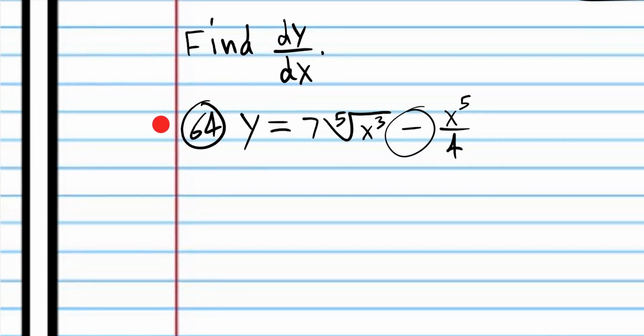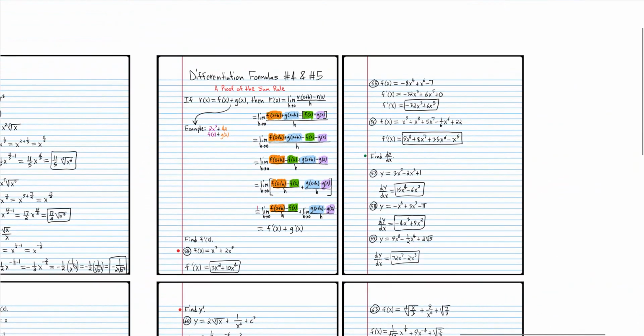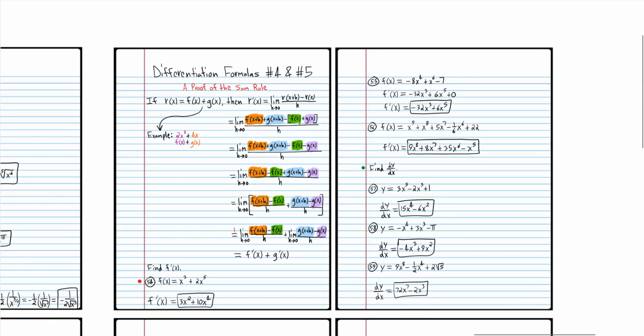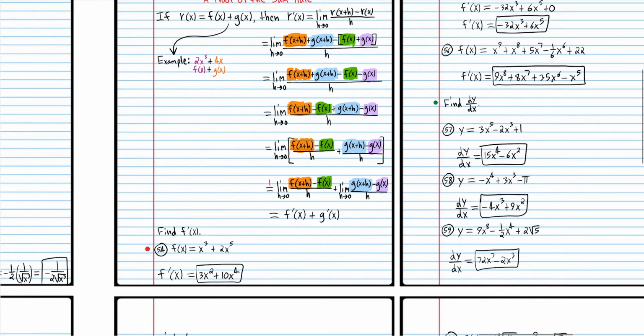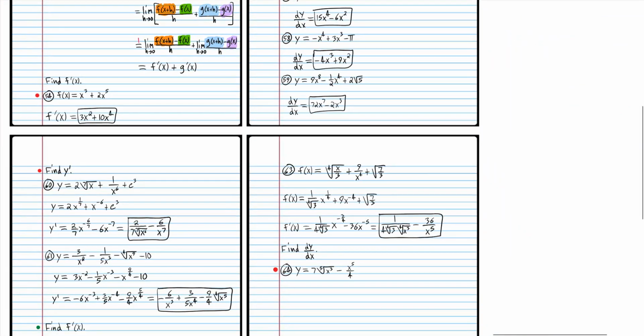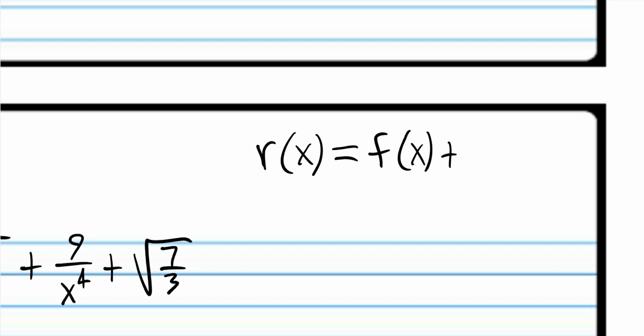Now, notice that we're subtracting. We had a lot of problems where we had minus symbols. We didn't talk about differentiation formula number 5, which is just the subtraction version of this, because it's really just the same thing. You can consider, let's say that you have a function which can be written as f of x minus g of x.